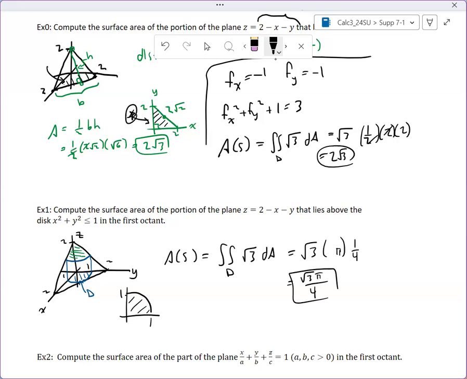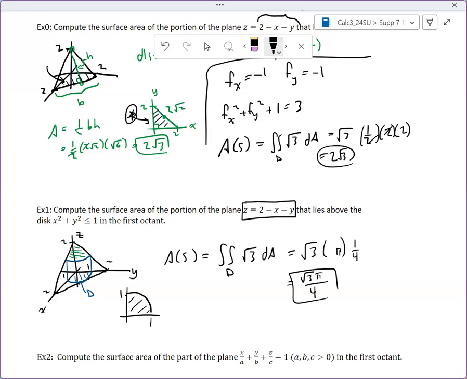So something interesting that I see is for this particular plane, z equals 2 minus x minus y, its surface area seems like it's always going to be just square root of 3 times the area of the domain of integration. That's somehow fundamental to this plane.